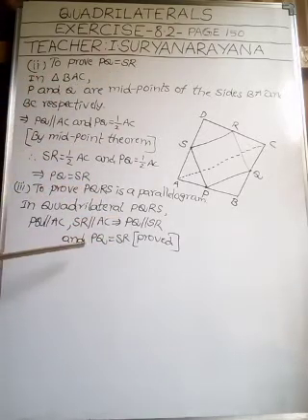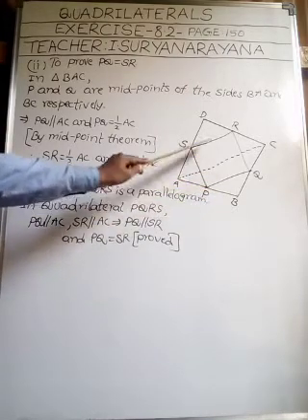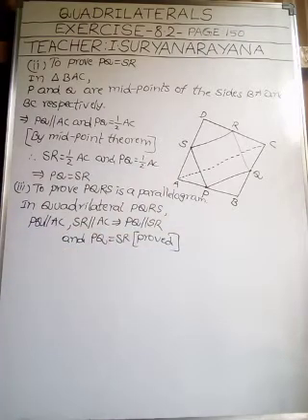In any quadrilateral, if a pair of opposite sides are parallel and equal to each other, then the quadrilateral is said to be a parallelogram. This is also a property of a parallelogram.